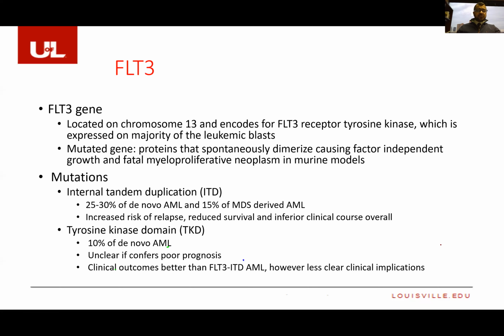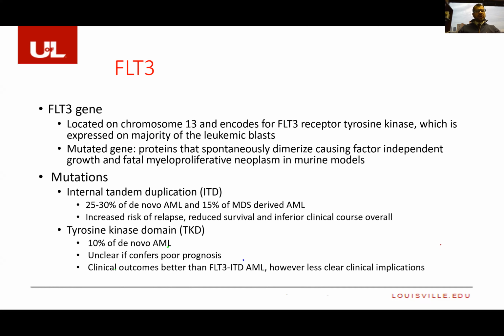A little bit about the FLT3 gene. FLT3 is located on chromosome 13. It encodes the FLT3 receptor tyrosine kinase, which is expressed on the majority of leukemic blasts. Once you have that mutated, those proteins spontaneously dimerize, causing factor-independent growth and fatal myeloproliferative neoplasm in murine models.